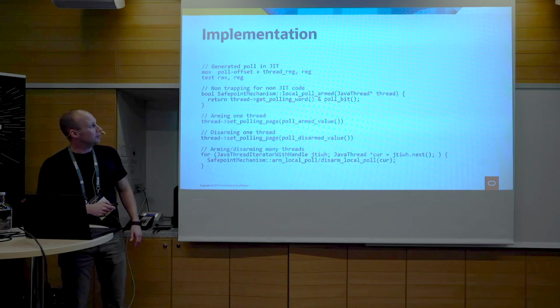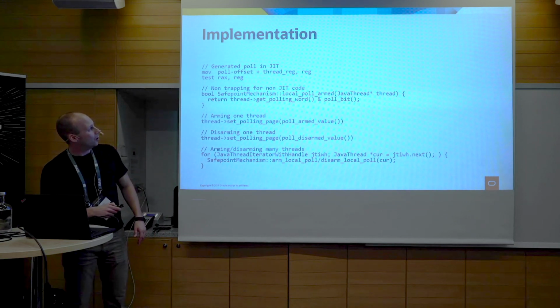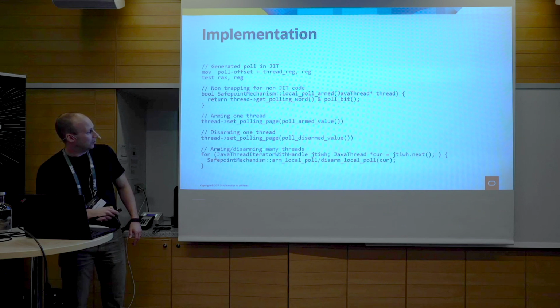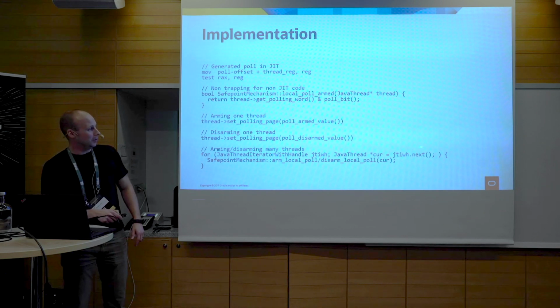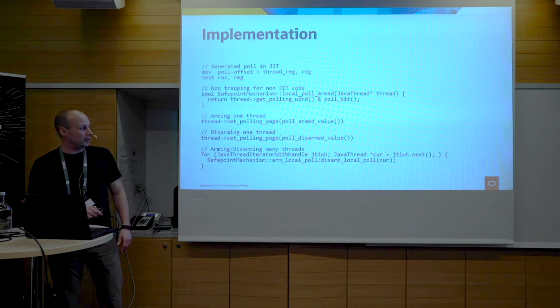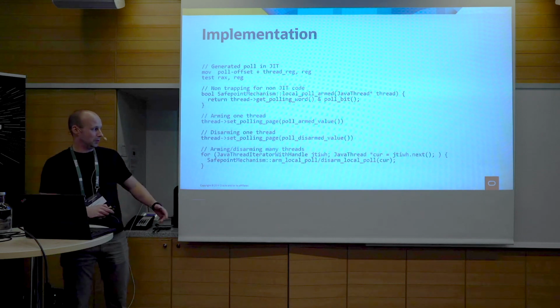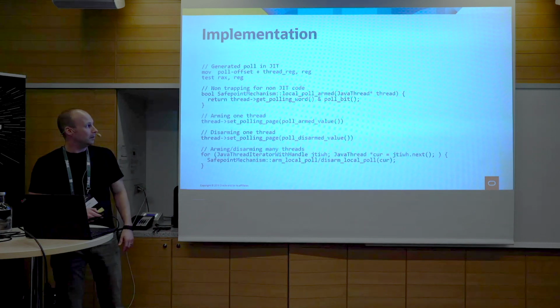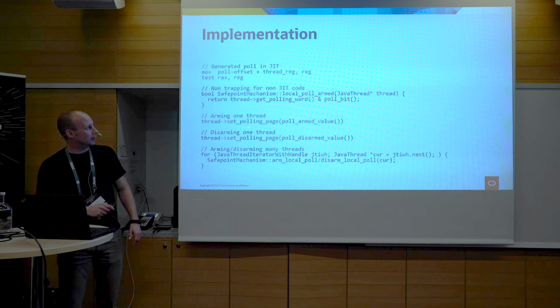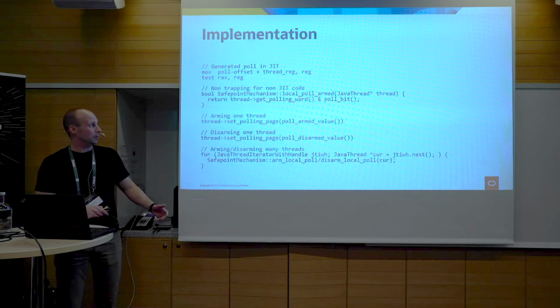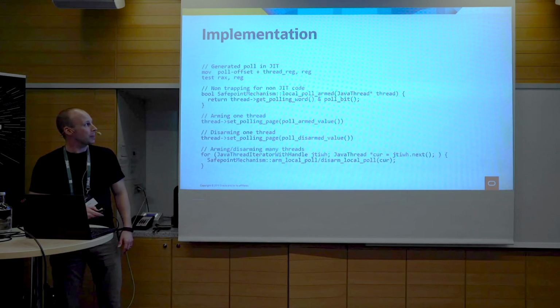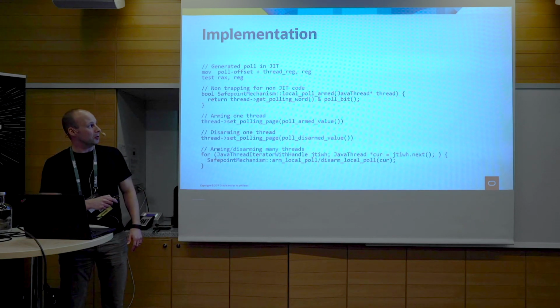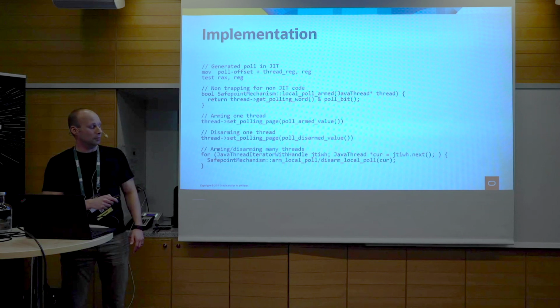And here you can see if we were going to arm everything, we need to loop over every thread we have in the system, which is a Java thread, and arm them individually. So this one will actually call this one, or this one if you do disarm or arm. This is the branching check in the slow path.